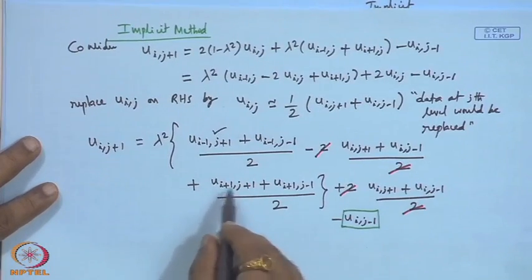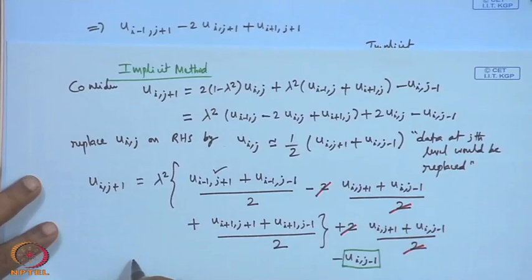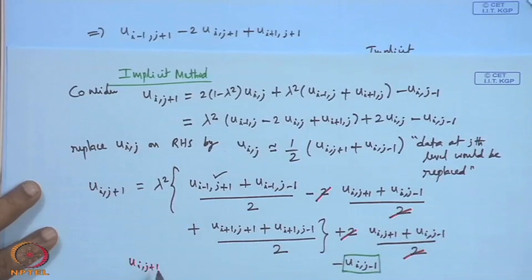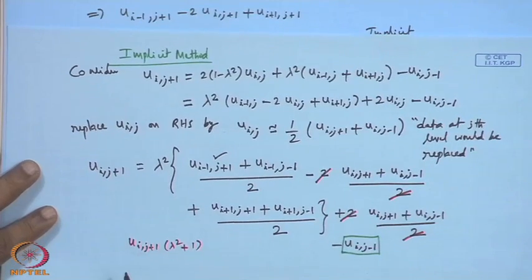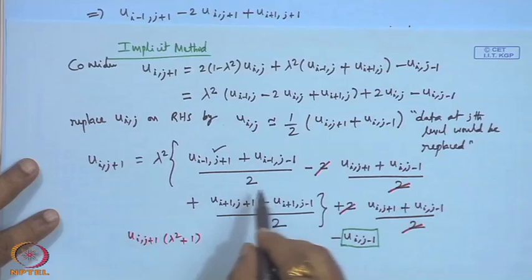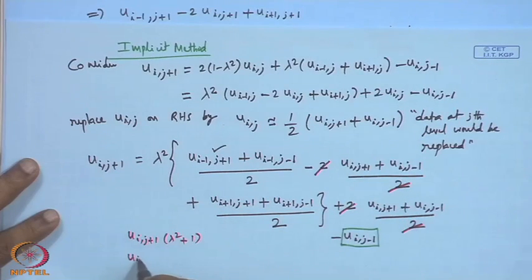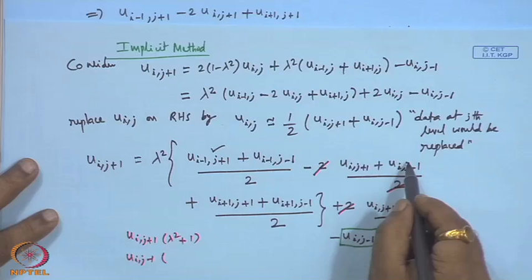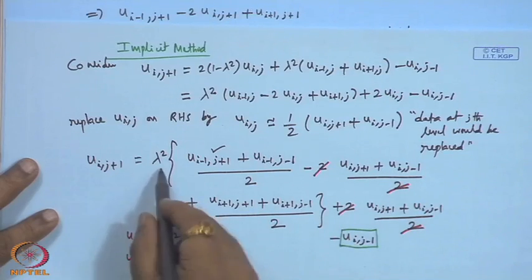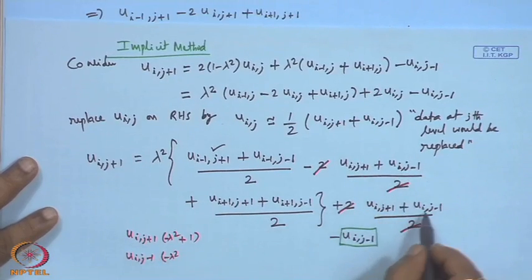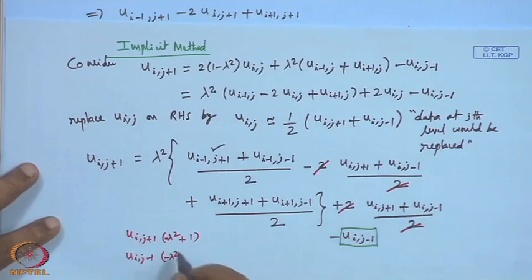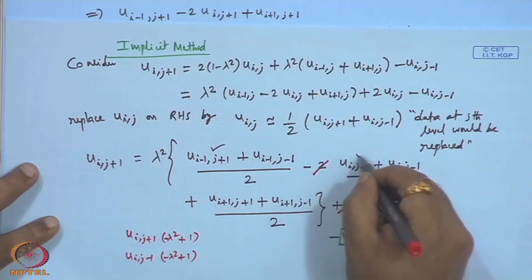Let us collect the coefficients of u i j plus 1. We have lambda square here, then plus 1. Then u i j minus 1. We have minus lambda square because there is a minus sign. Similarly here minus lambda square and plus 1. Okay. So, these terms are done.